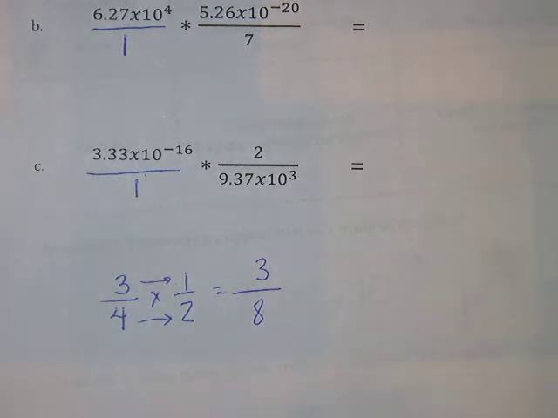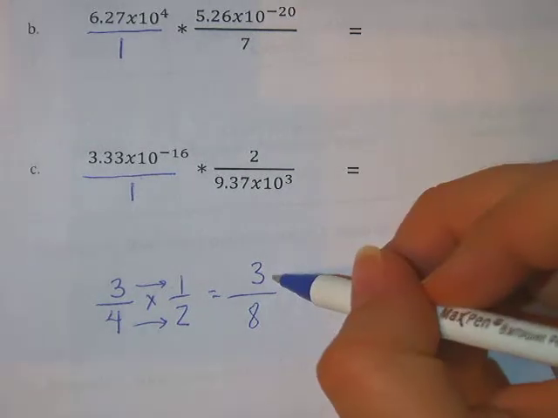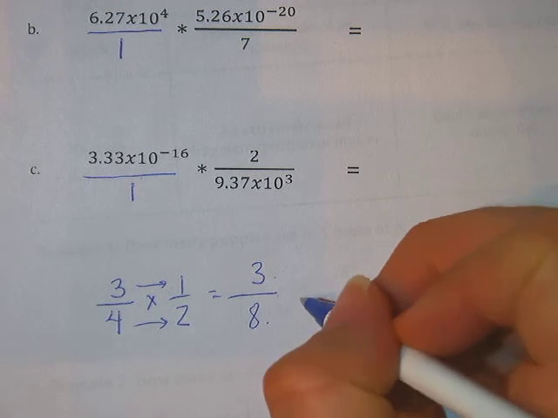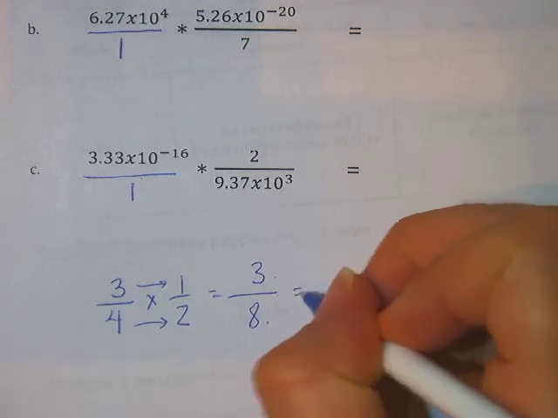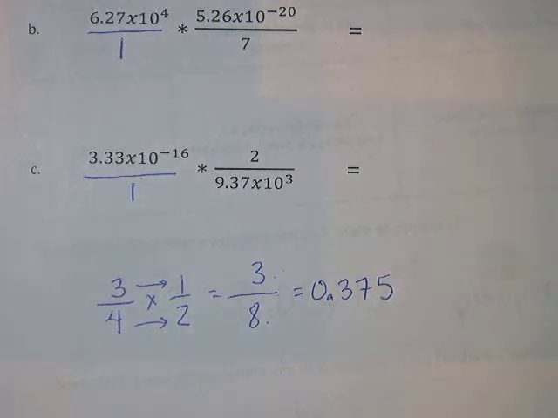Now in chemistry we don't leave anything in the form of a fraction. We would convert it to a decimal. So from there you would divide 3 divided by 8. A fraction is a division problem, so 3 divided by 8, and then your final answer would be 0.375.